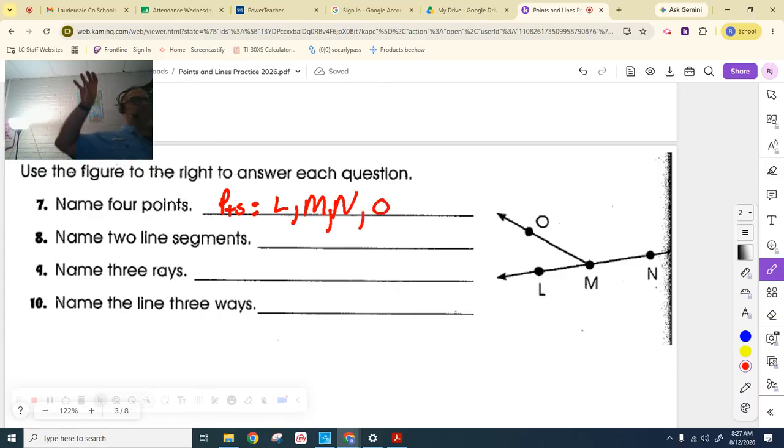How many of y'all did the PTS, some type of parenthesis, or how many of y'all actually wrote point L, point M, point? No? Okay, how many of y'all did this? No. Okay, 2 people. Good. How many of y'all just wrote the letters?